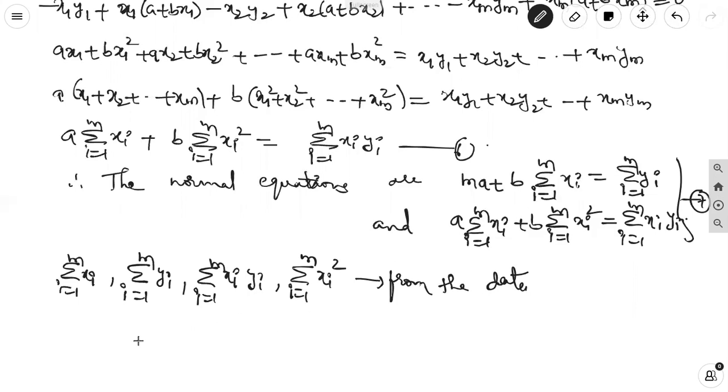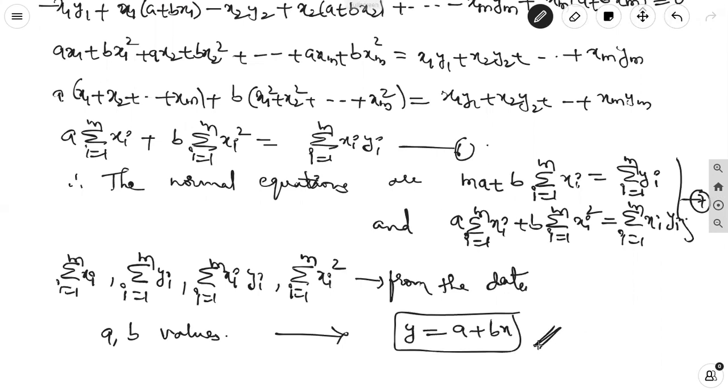Solving them, we get the small a and small b values. Then substituting these values in the fitted curve y equal to a plus bx, that is the required equation or required curve to fit by the method of least squares from the given data.